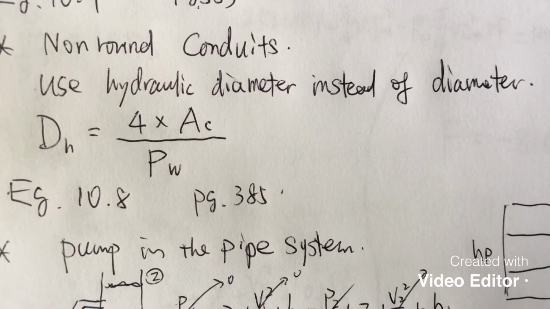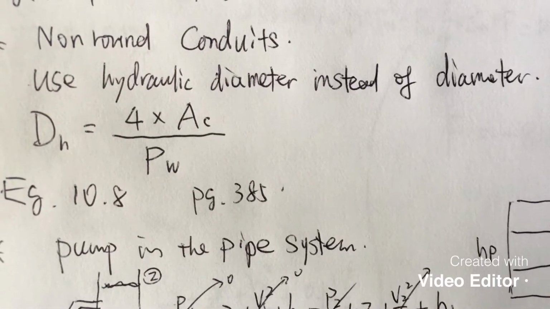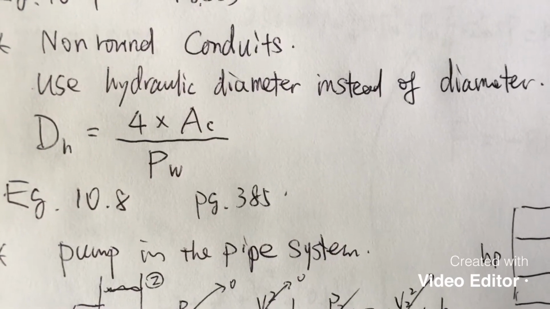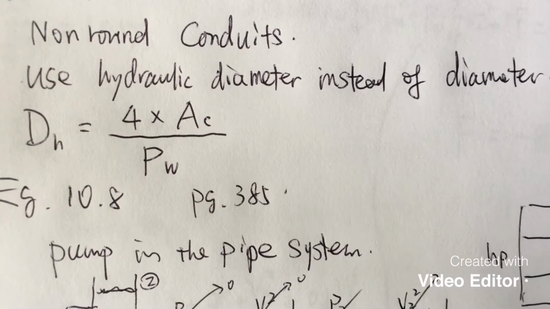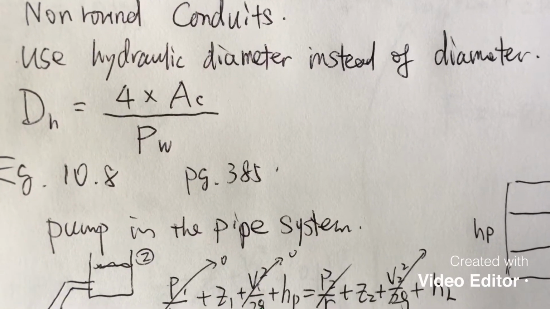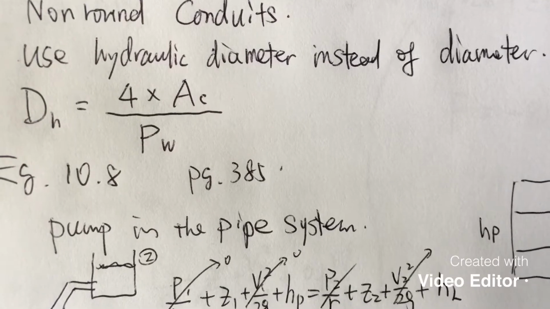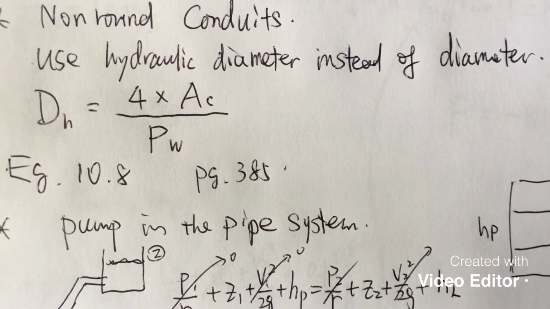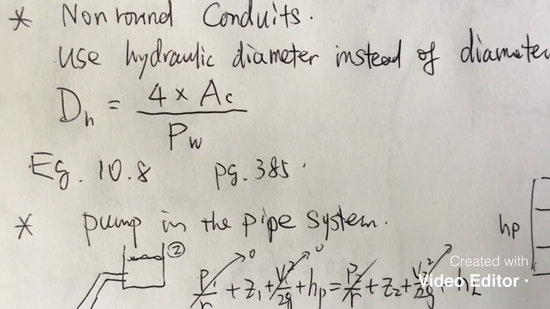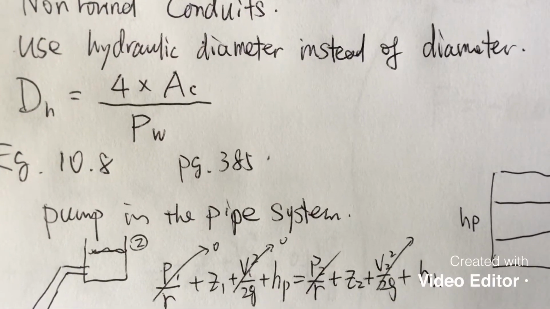If you have a non-circular pipe, we don't have any new models for it. Instead, we just use something called hydraulic diameter. So all the equations are the same, but for the diameter part, we use hydraulic diameter instead of the real diameter.